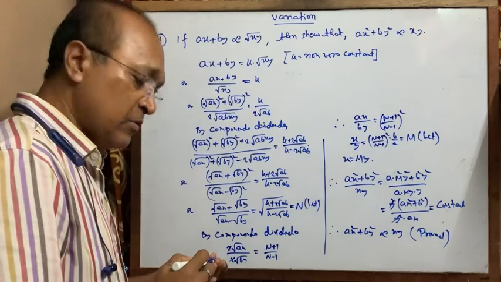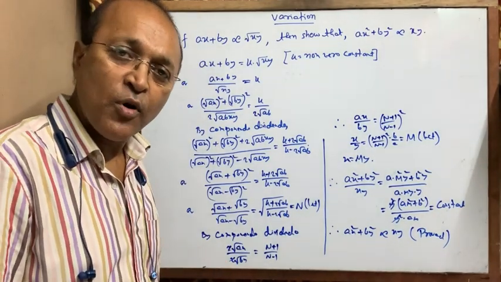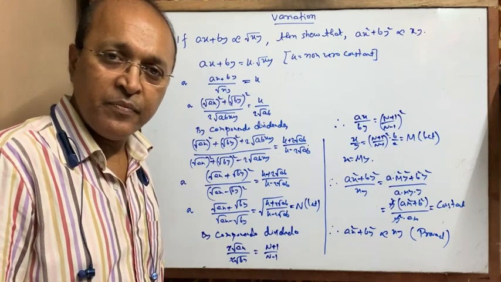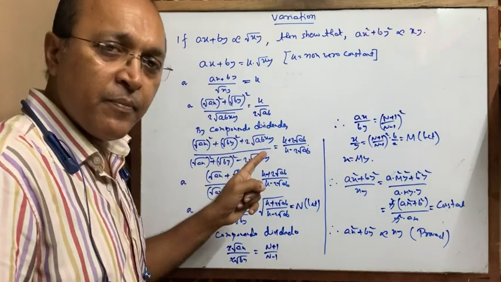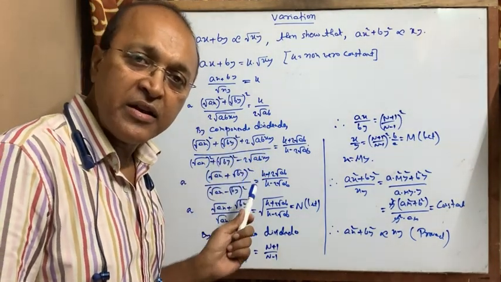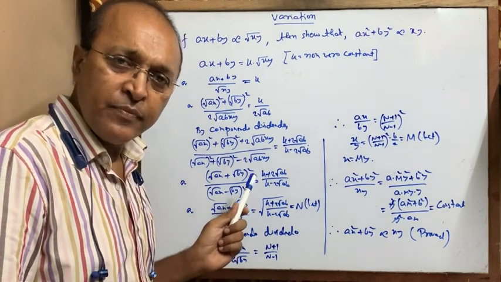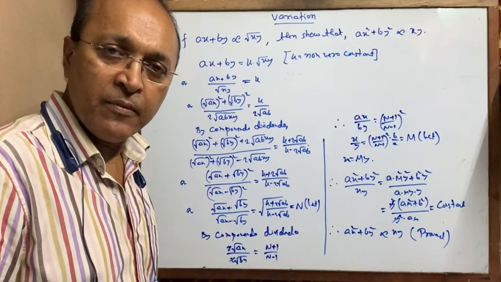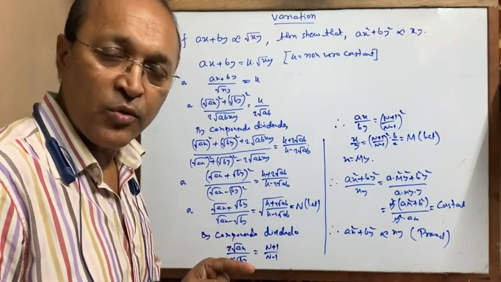This particular problem is very important as well as interesting, right? You can see how componendo dividendo is being implemented here. This is the first thing. Second thing is, while doing variation, you have to focus on what to do and what to find out.